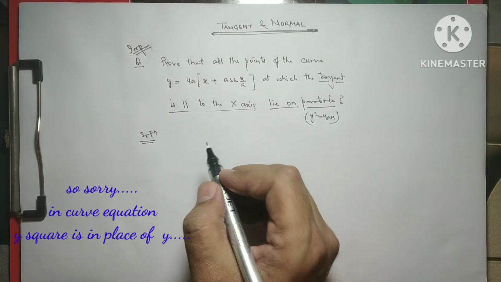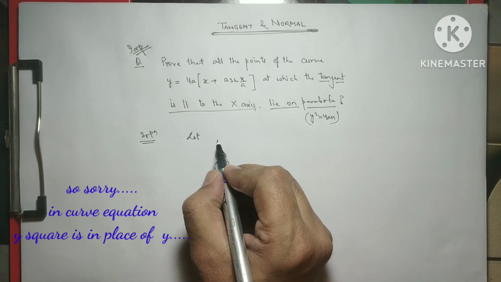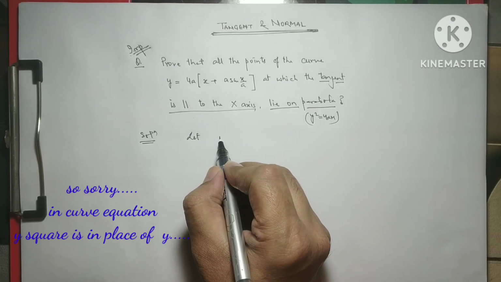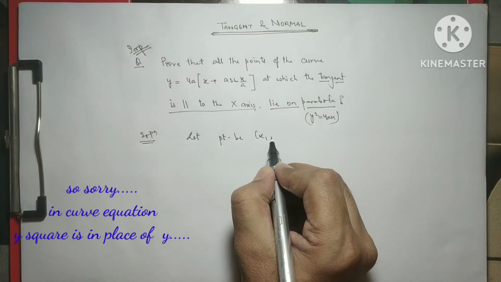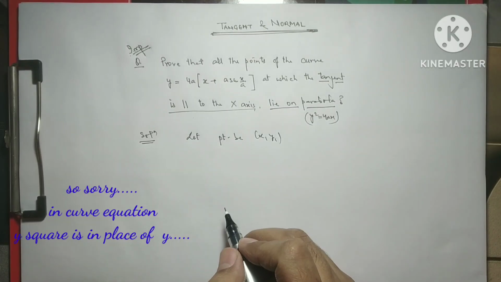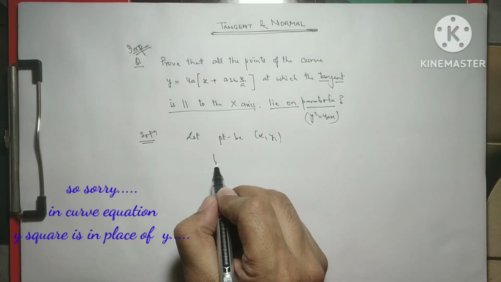So let us consider a point (x1, y1), and according to the condition, the tangent is parallel to the x-axis.